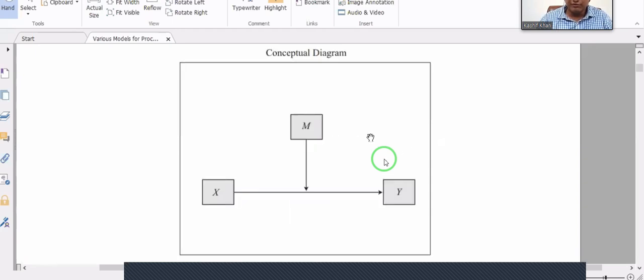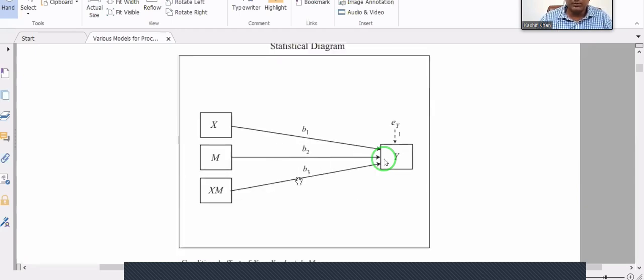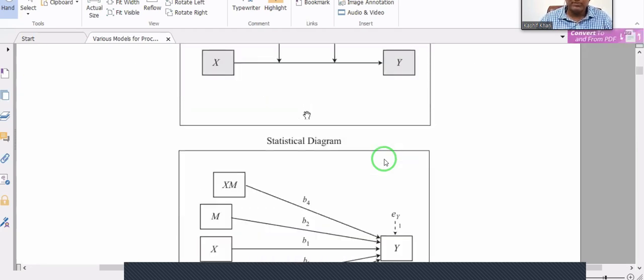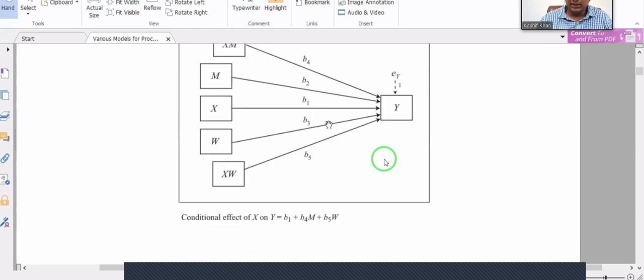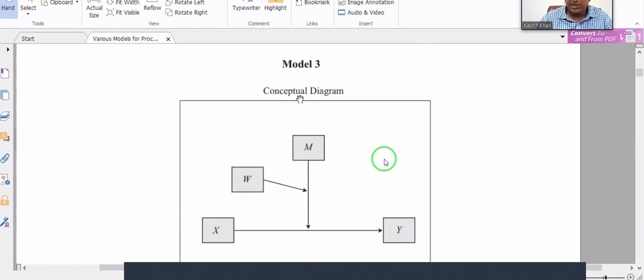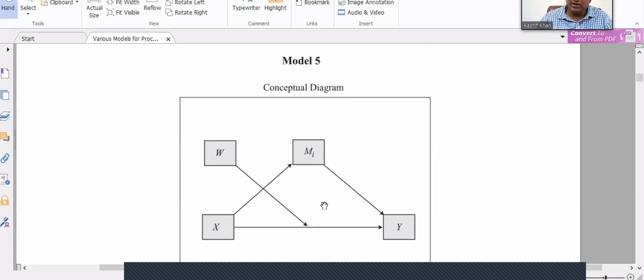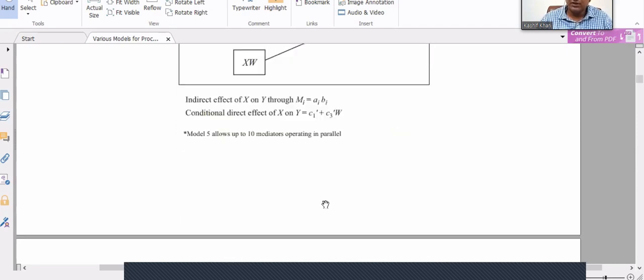So model 1 is for this type of analysis. What if you have this type of model going in? You have 2 moderators, they're saying it's model 2. And model 4, we just did simple mediation. What if you have this type where you have two interactions going on here and here, then you should be selecting model 5.